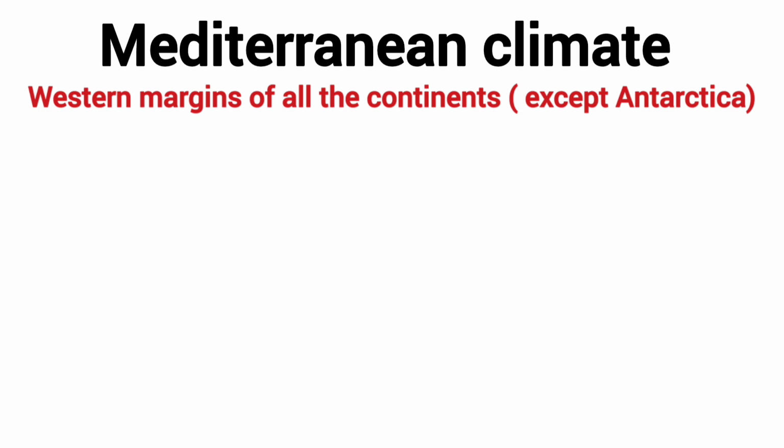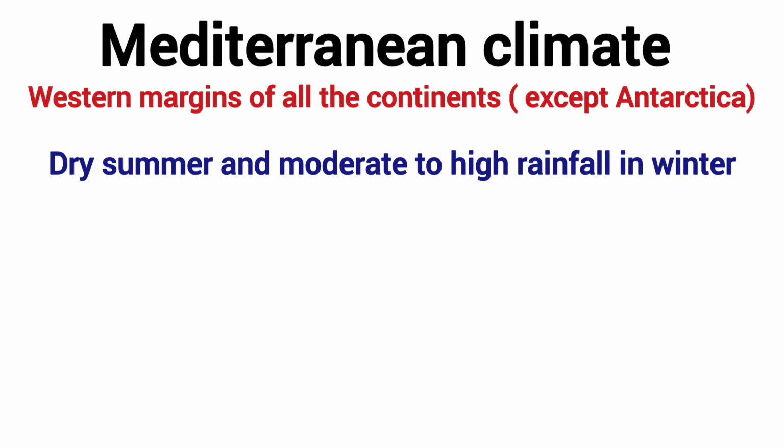Mediterranean climate. These regions are located on the western margins of all continents except Antarctica. It has a pleasant climate, with characteristics of dry summer and moderate to high rainfall in winter.